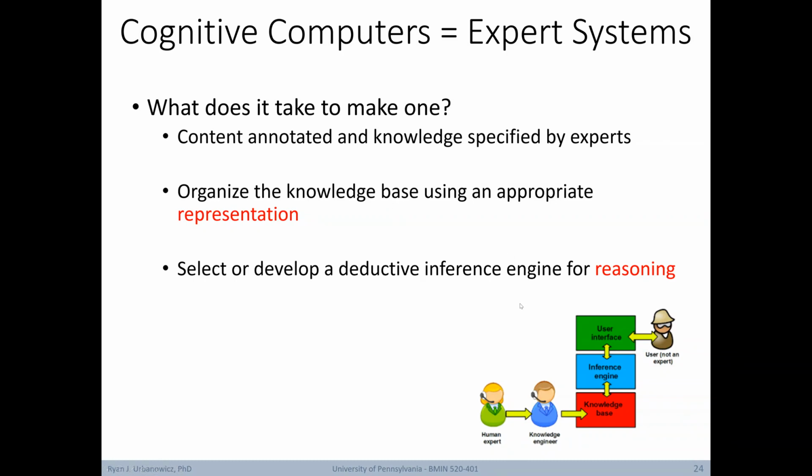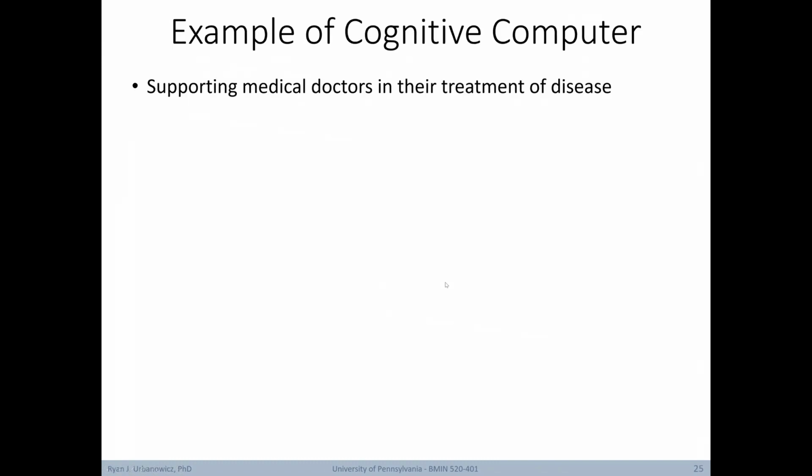Then we want to select or develop an inference engine for reasoning. So really the focus here is reasoning. We need to take this knowledge that's been represented and we want to reason with it. And then lastly, in a lot of expert systems, we need some user interface, right? So your everyday person who might not be an expert in machine learning or computer science can actually use this tool.